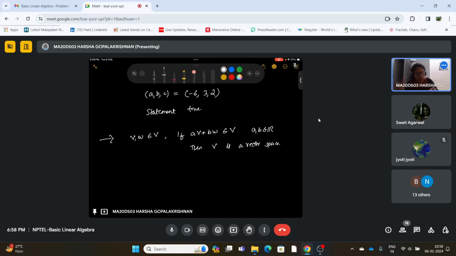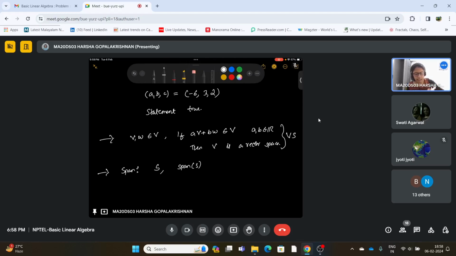Now, what span means? Okay, this is the definition for vector space. Now, what span means? We did the same thing for span also, no? In case we are given a set S, we are going to find the span of S. We are not going to check whether S is a vector space.